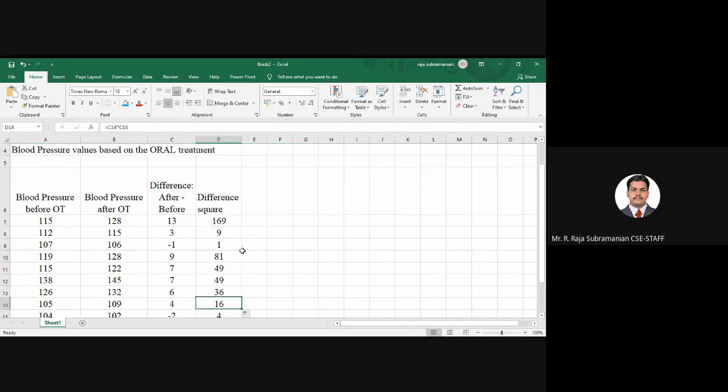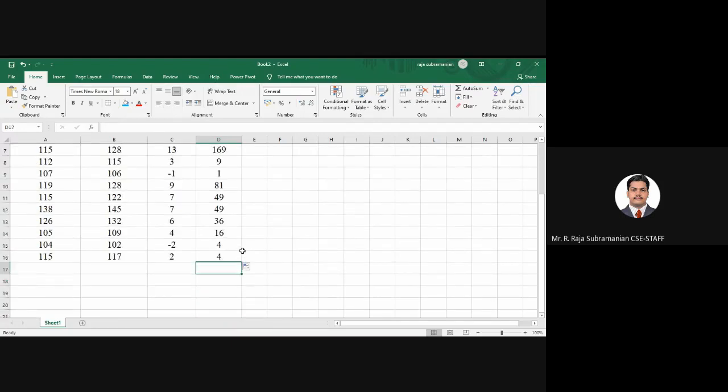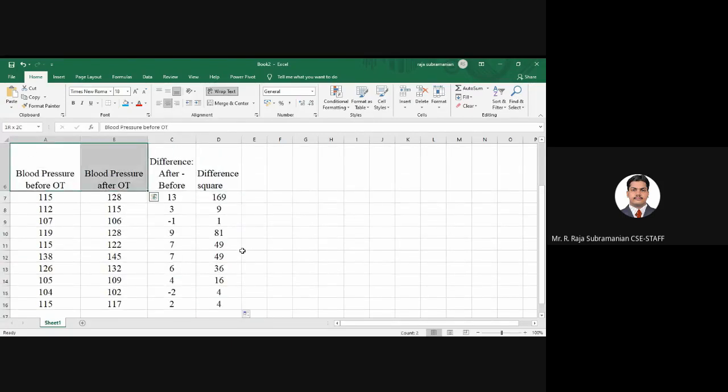This is the initial thing I do. This sample is given to me, and I want to understand this particular distribution. For this distribution, first I take the difference between the observed values and what is actually expected after a treatment. This is the blood pressure after treatment, which is what's observed. So I need to find the difference between observed and actual, and I take the square also.